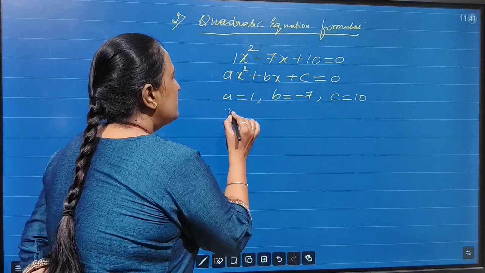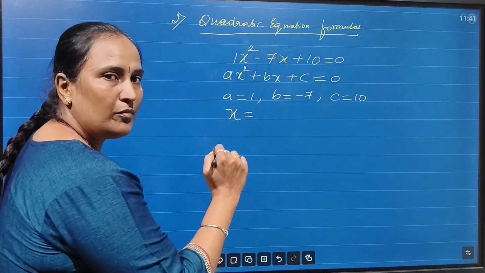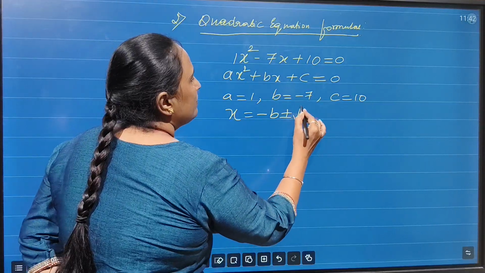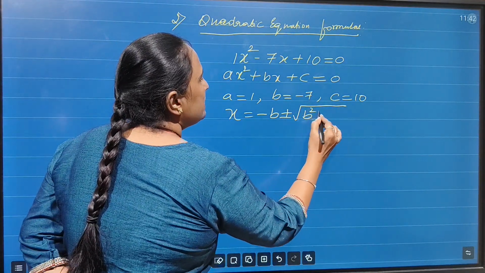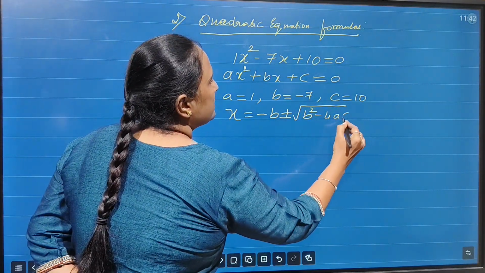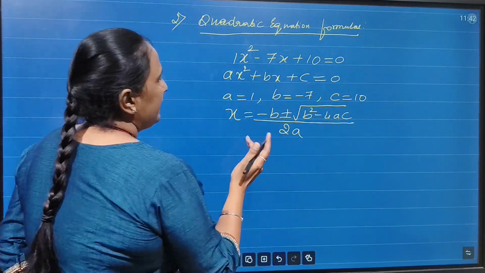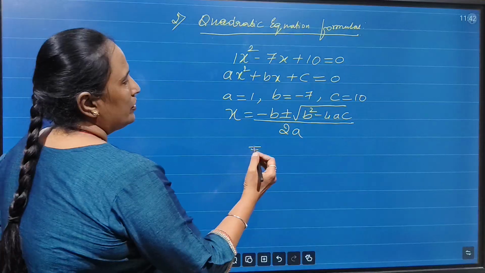Next write the general formula. What is the general formula? x is equal to minus b plus or minus square root of b square minus 4ac divided by 2a. Now replace the a, b, c values here. What do you get?